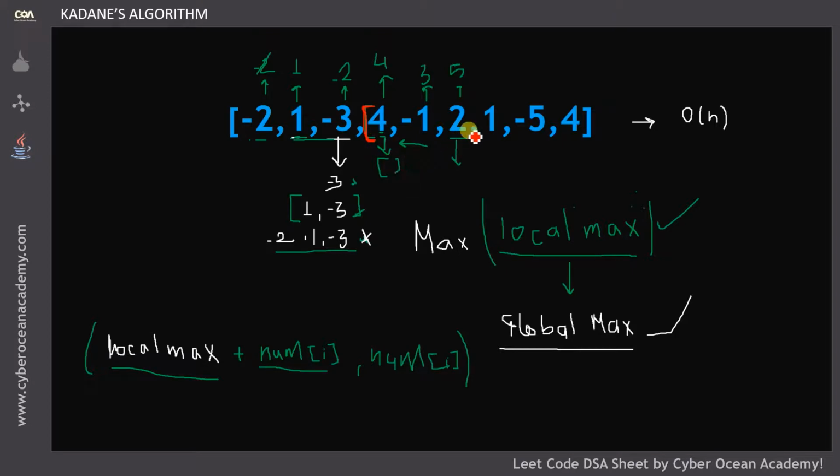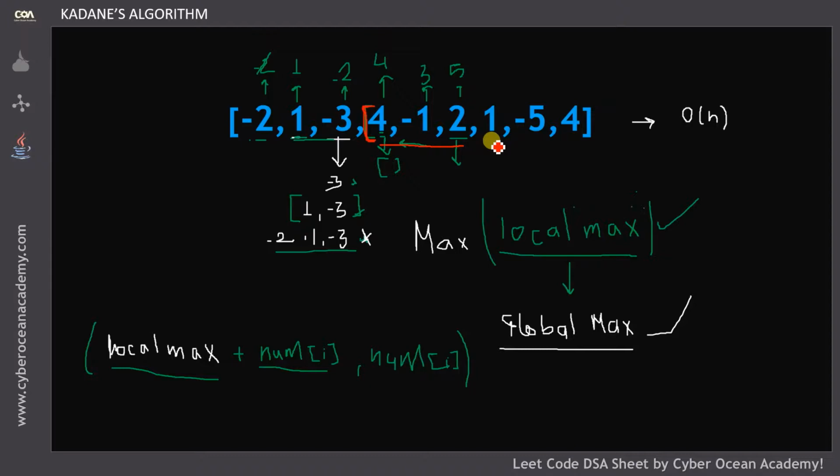So here for 2 we simply check with value 2, or we add 2 with this previous local maximum. It was 3, and for this 3 the subarray was 4 minus 1. Right now we calculated the value 5 for these two. So the current subarray is 4 minus 1 and 2, and we reach this index.